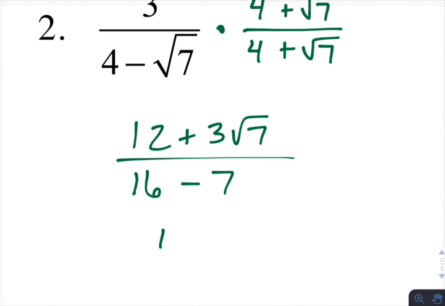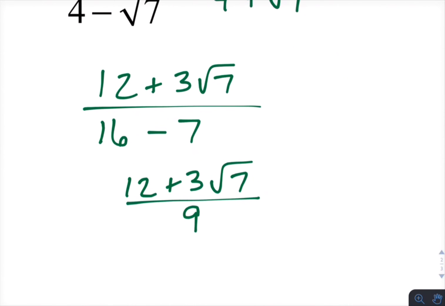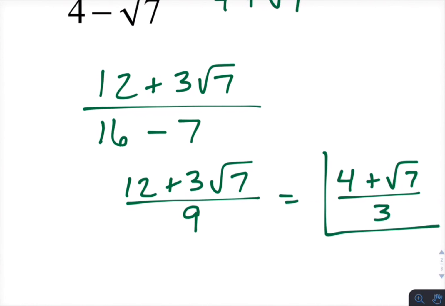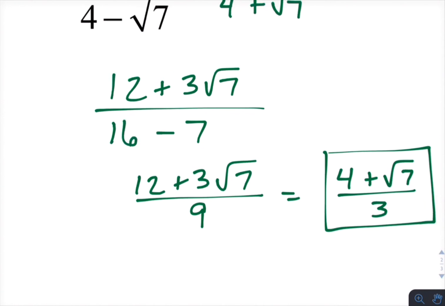So in the end, this is 12 plus 3 root 7 over 9. If I factor a 3 out of the top, that'll cancel with the 9 in the bottom. So this is just 4 plus root 7 over 3. Again, notice the denominator is a rational number, no roots. So that's why we call it rationalizing the denominator.